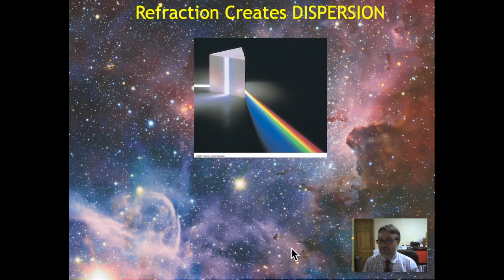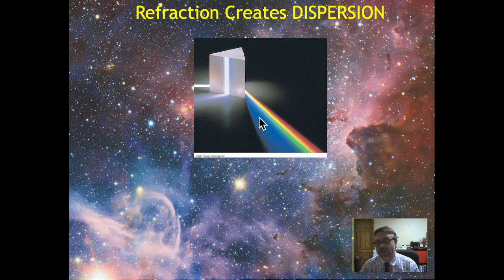Now, this effect of the light bending as it goes from one material to another, and the speed of light changing speed, this is the explanation for why dispersion happens. Now, you might remember back when we first started talking about light and color, we talked about dispersion as when white light is split into its component colors. But we didn't explain why that split was occurring.